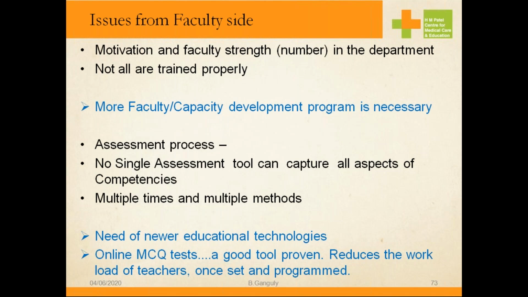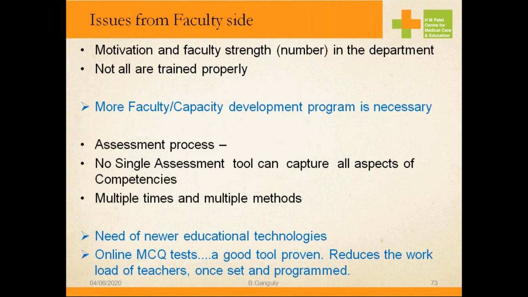But so far as I know, even now I don't think all of us are properly trained or properly clear about CBA. Thus, the solution is that more faculty or capacity development programs are necessary at the departmental level, at the institutional level, and also at the national level. We have already started at the national level.